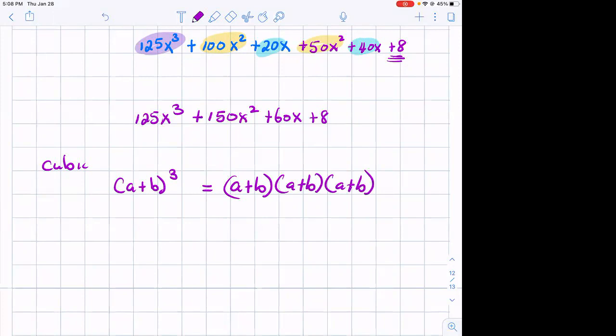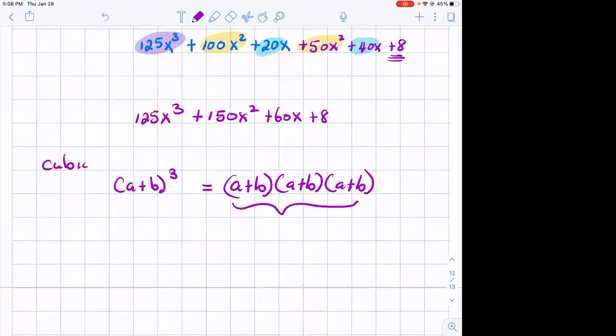And if you expand this, you will get a cubed plus 3a squared b plus 3ab squared plus b cubed.